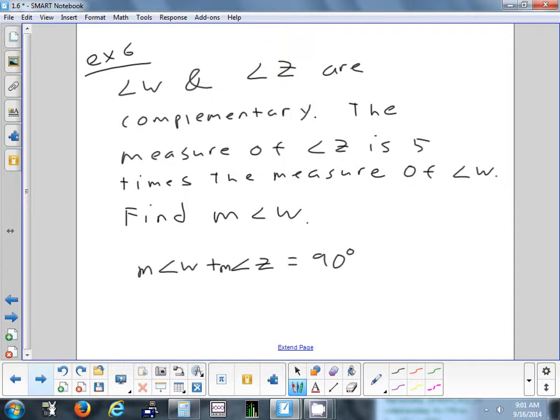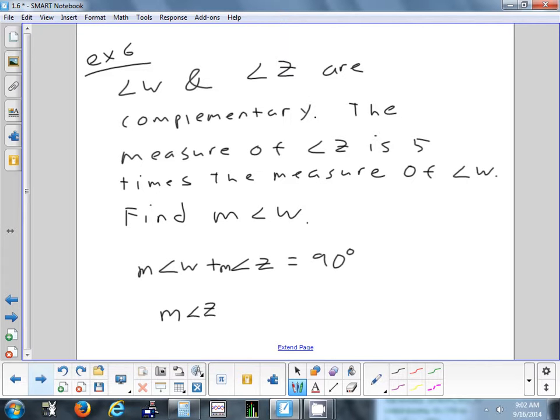Now we have to translate this second sentence into an equation. The measure of angle Z is 5 times the measure of angle W. Okay, how could I write that? It would be the measure of angle Z times 5. Well, Z's the bigger one, right?